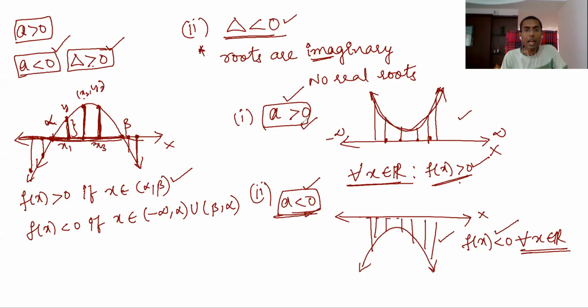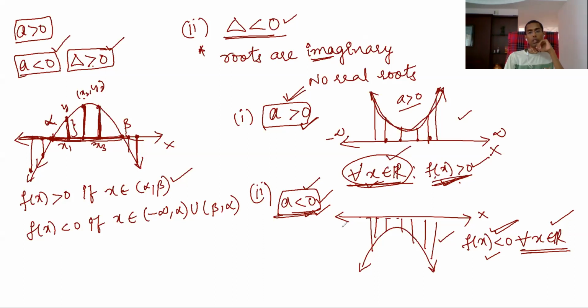That means a and f of x will have the same sign for all real numbers. So this is the second case.